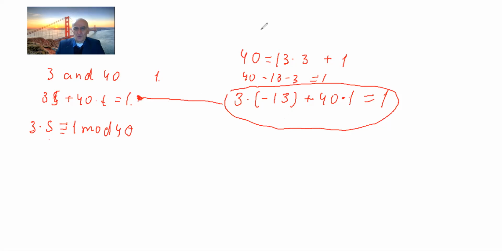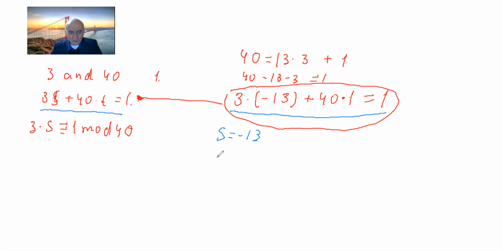If we compare these two expressions, it's easy to find what is s. s is negative 13, because if we compare, we have here 3, 3, 40, 40, t is 1, and s is minus 13.